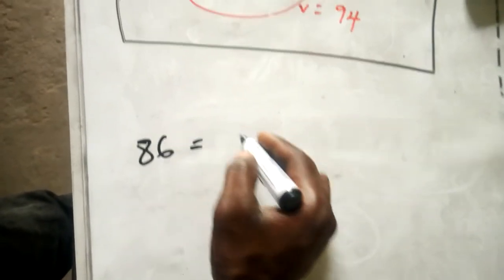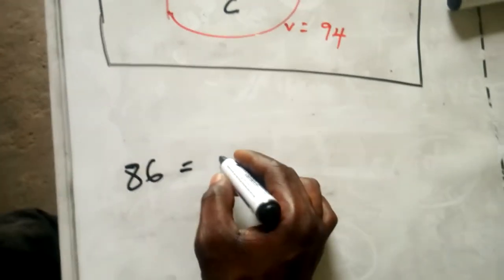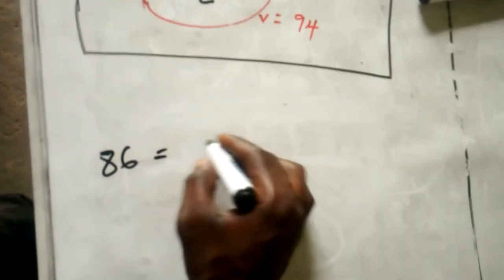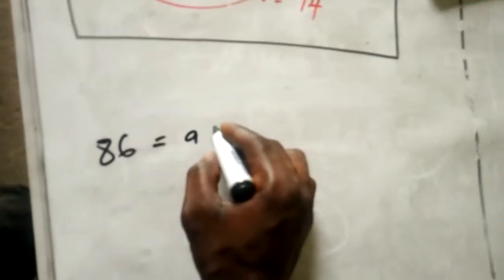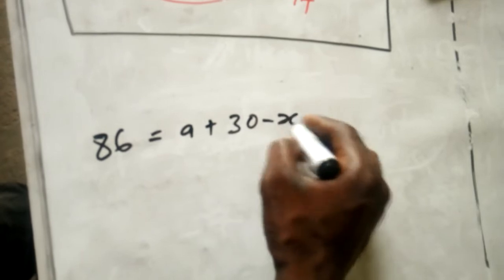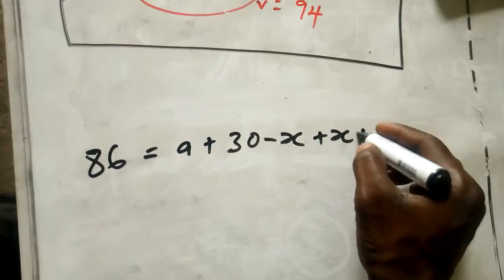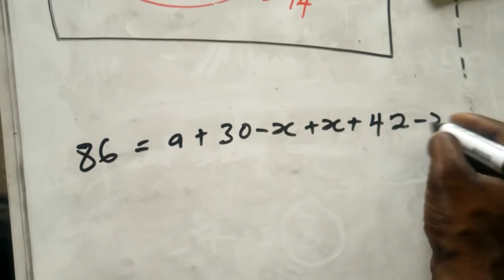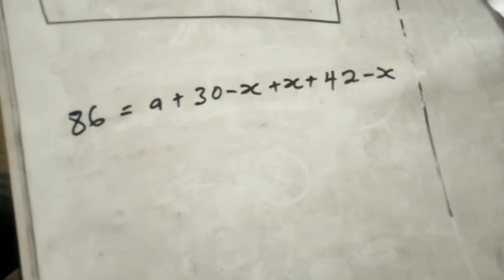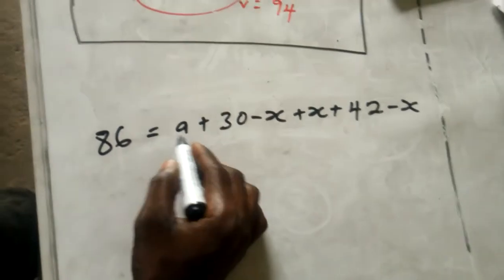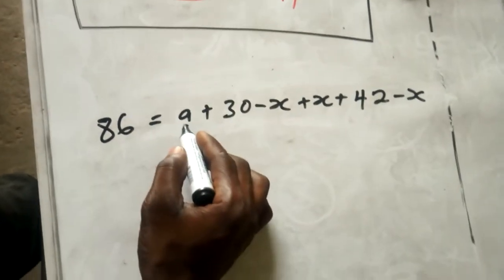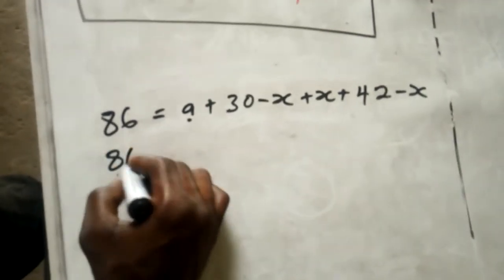Should be equal to everybody in the table tennis room. That should be A. I have 30 minus those who are doing all the 3, plus them, and then plus 42 minus X. Is that okay? I hope that is okay. But we are looking for those who are playing only table tennis. So let's do the calculation.